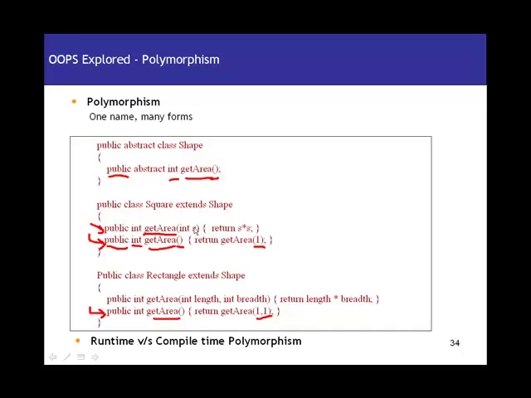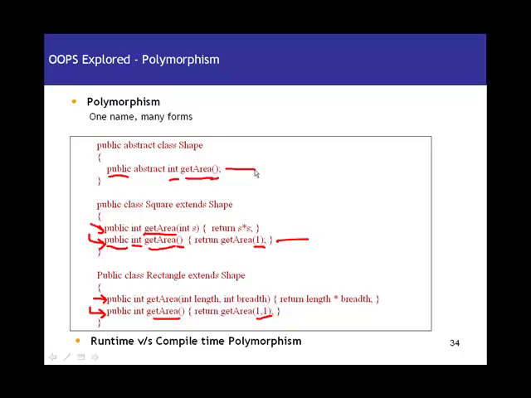Or in fact, this could be an overloaded method to this getArea method as well, right? Similarly, this is also an overloaded method, right? So these internally are overloaded methods, but when you talk about this and this, they are overridden methods, right?